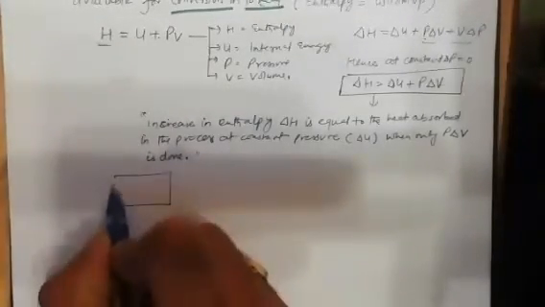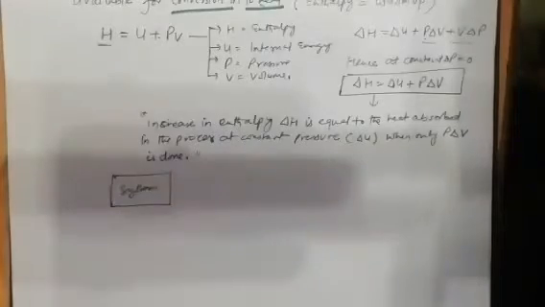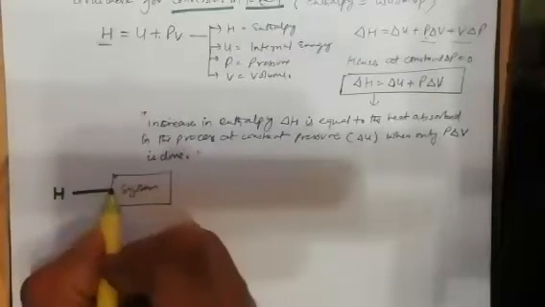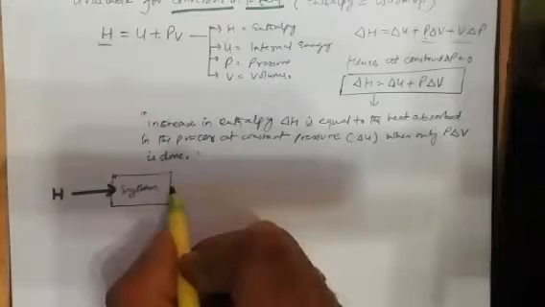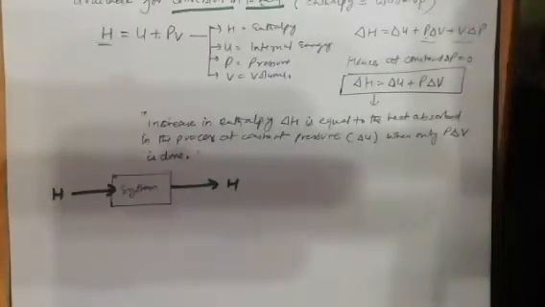Suppose there is a system. Enthalpy will only increase when heat energy is absorbed by the system, and enthalpy will decrease when heat energy is released by the system.